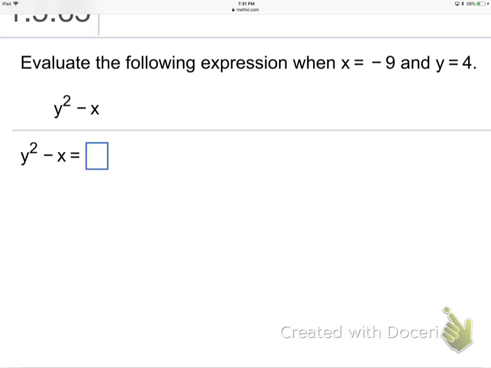All right. So y squared minus x. Okay, y squared minus x, make it a little bigger. They're telling me x is negative 9, y is 4. Plug them in and work it out.